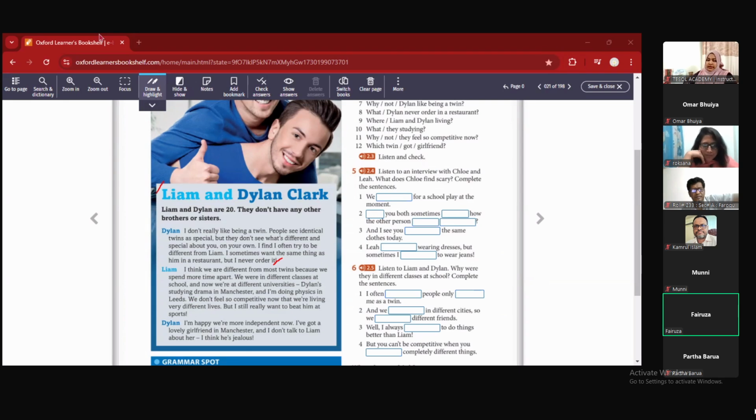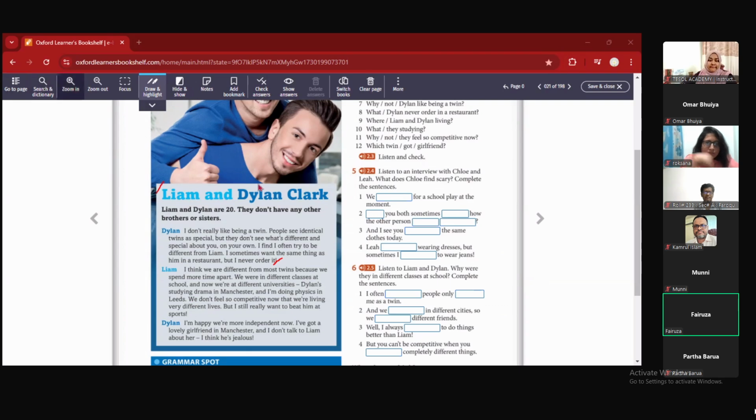Liam and Dylan Clark. Liam and Dylan are 20. They don't have any other brothers or sisters. Dylan: I don't really like being a twin.